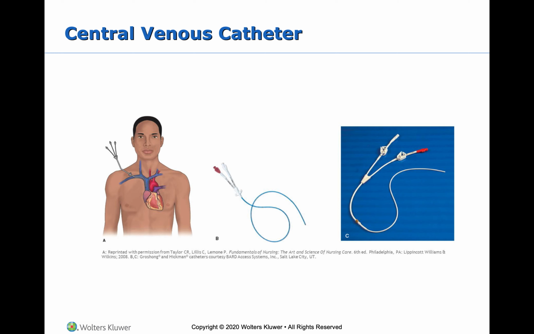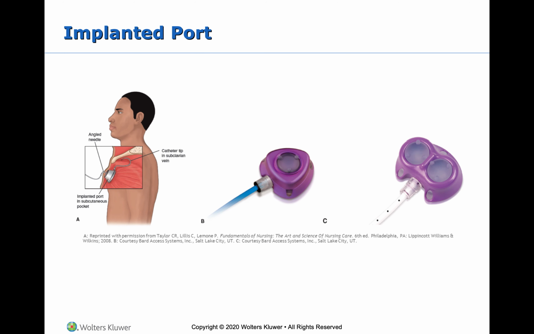I'm going to come back to this slide after we go through each of the 3 so that we can examine the differences between them. Okay, so an implanted port. I've most commonly seen ports in chemo patients or patients that have cancer.